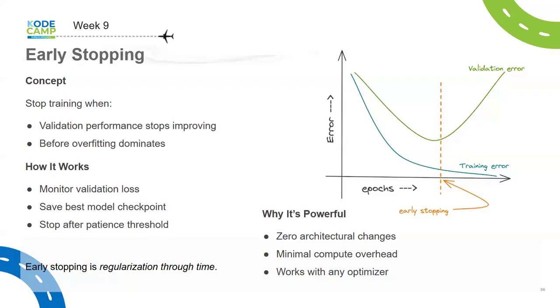Because sometimes, especially if you're using mini batch gradient descent, a particular batch might be really difficult for the model to predict. Even though the validation should still be the same, it shouldn't be different batches.